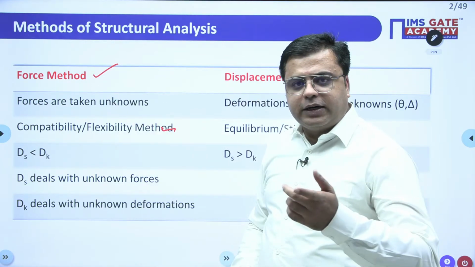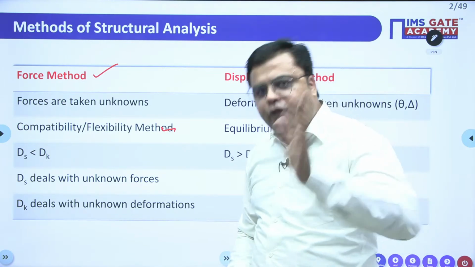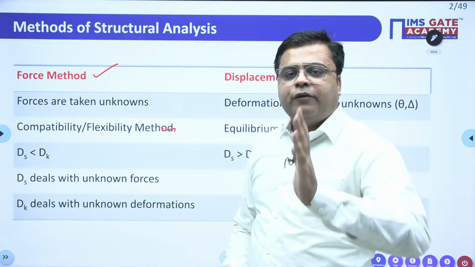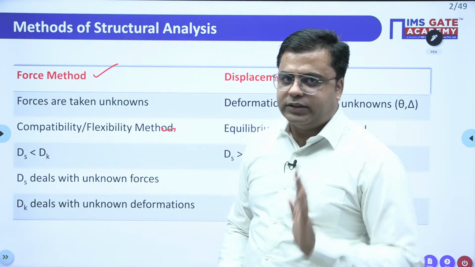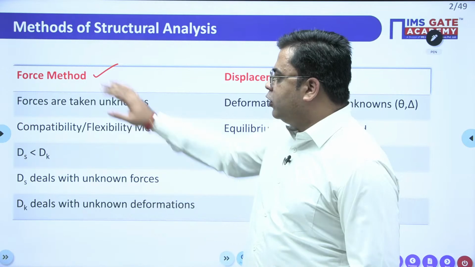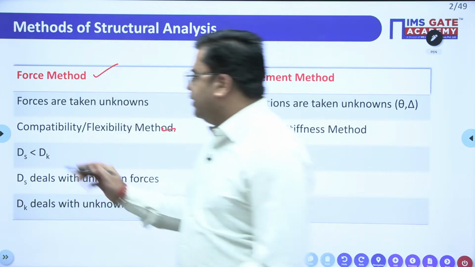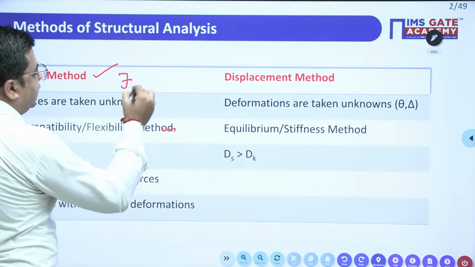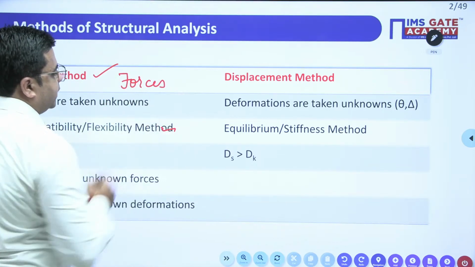For the force method, we determine the unknown forces first. Then, after determining these unknown forces, we determine the unknown deformations. Is this clear? So for the force method, we determine the unknown forces, and using these, we determine the unknown deformations, correct?